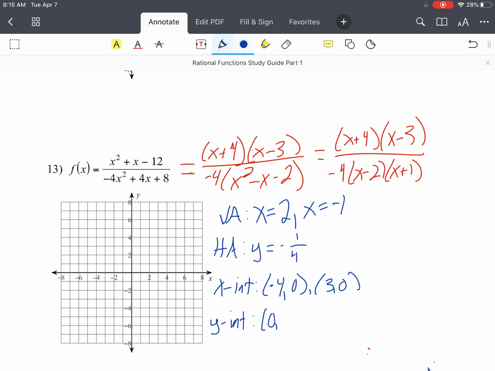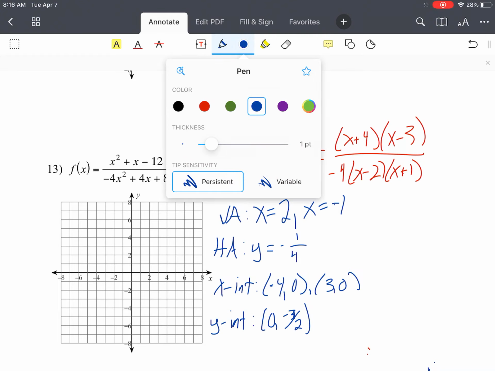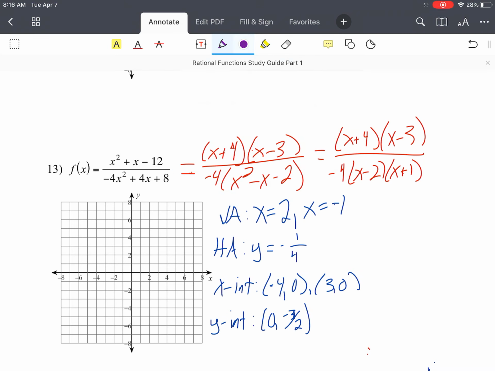Y-intercept, we got to plug in 0. So if you do that, you're going to end up getting negative 12/8, which is negative, what? Negative 3/2. Okay? All right, so there's all of our important information right now.